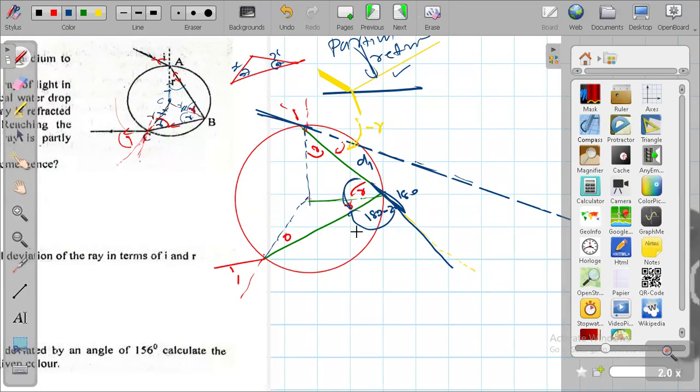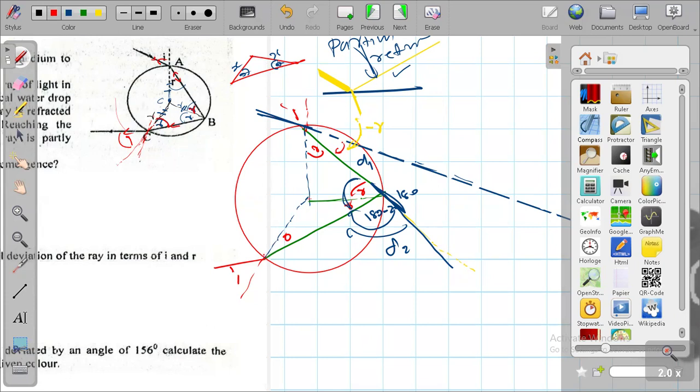You can find this bent angle. This is deviation 2. Can you understand? Yes or no? This is 180 minus 2R. Simple year 10 geometry.